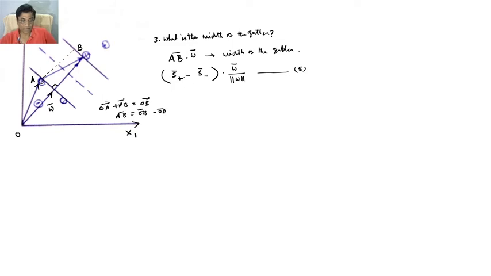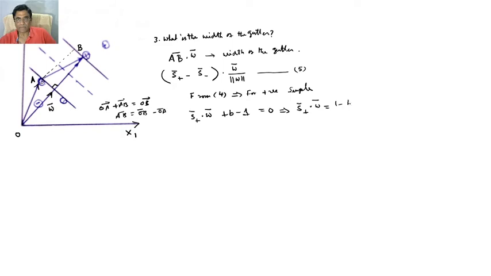So now, for a positive sample, what we can write is w dot x plus b minus 1 equal to 0. That gives you w dot x equals 1 minus b.